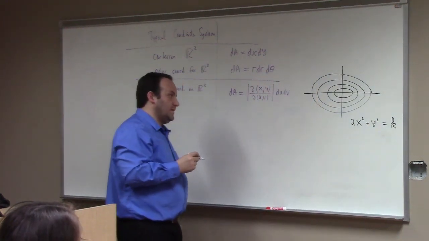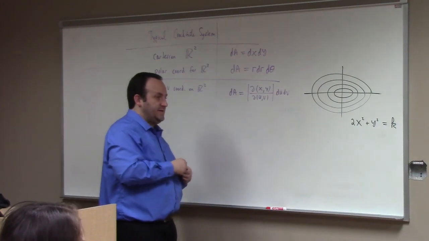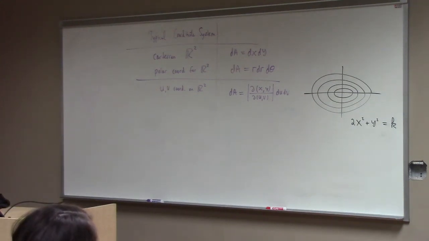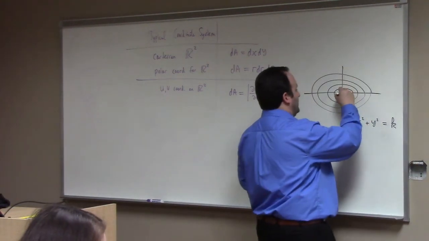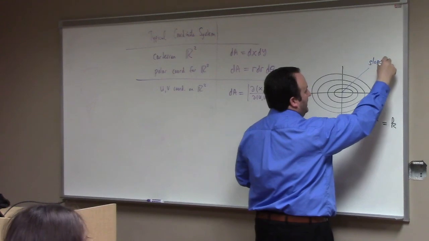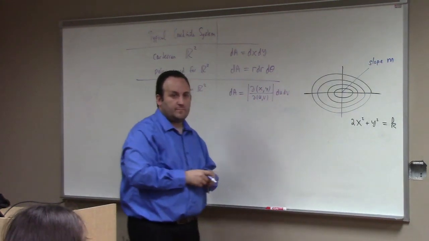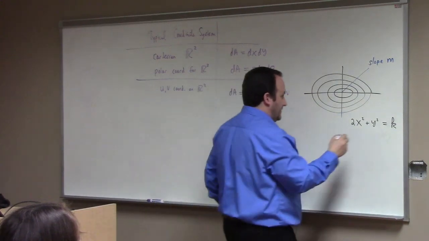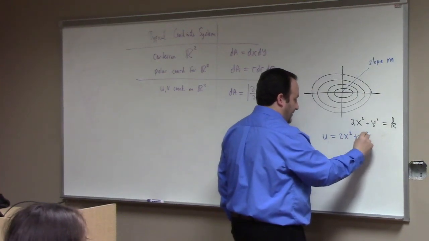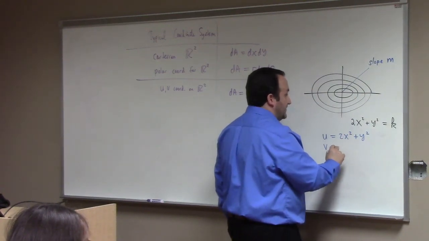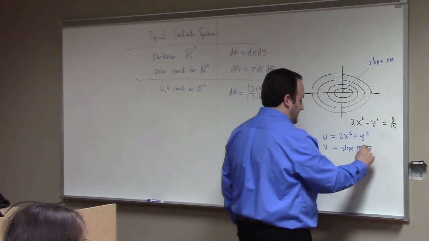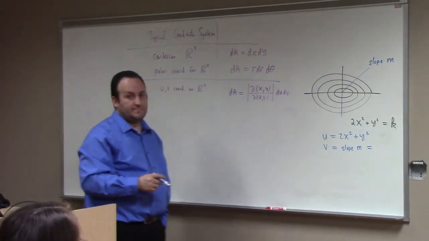The other thing I could do would be to look at lines from the origin. So, like this, this has slope m. This is kind of out there, but let me suggest that we could let u equal 2x² + y², and we could let v equal the slope m. Now, how could I get the slope m in terms of x and y?